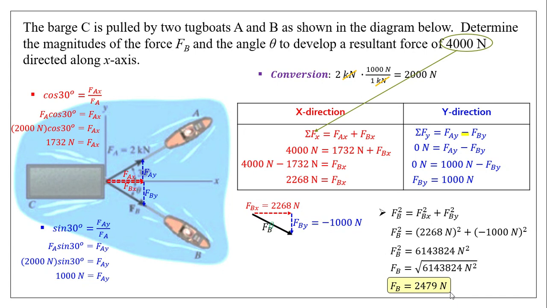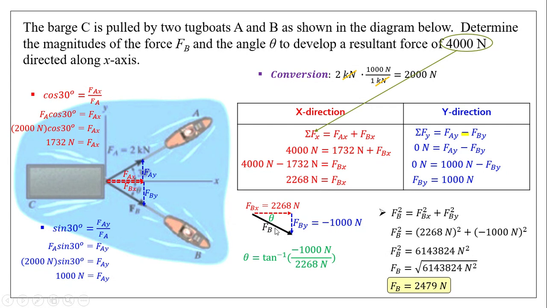All right. Now, the other part of the question asks you to find the angle. Watch what I'm circling. It says calculate the magnitudes of FB, which I've already done, and then it says and the angle to develop a resultant force. So essentially, what is this angle between the horizontal and the vertical? To do this, I like to use tangent. At this point, you already know what FB is, so you have all three sides.